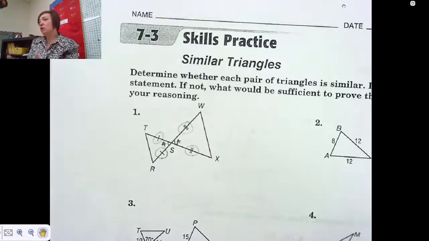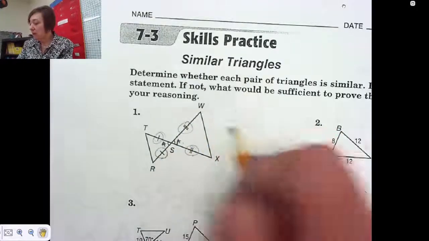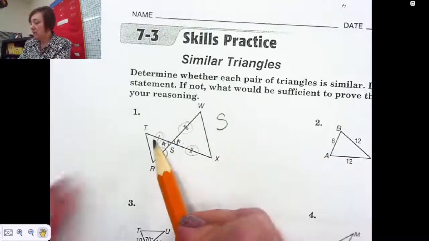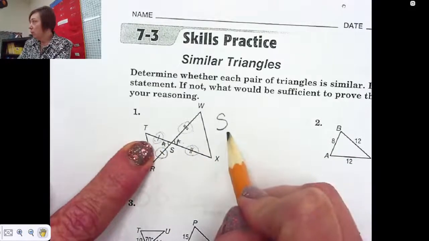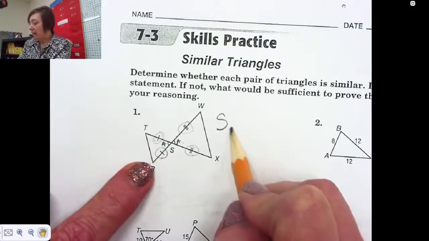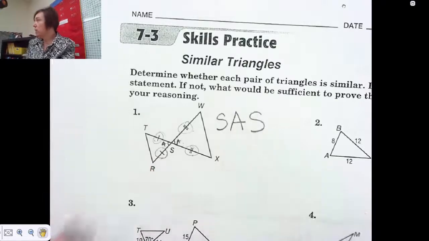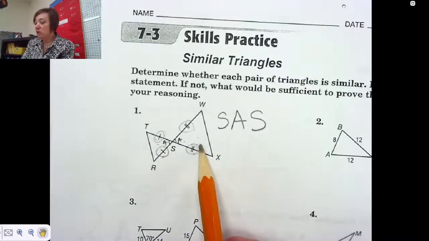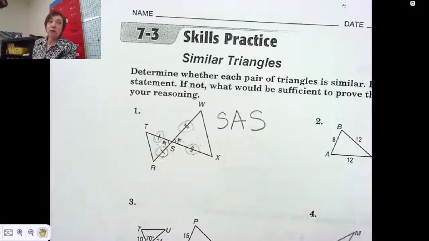So if those ratios are the same, that means it's proportional. So we know, based on this, that a side is proportional, an angle is congruent, and then a side is proportional. Side, angle, side. Y'all see how that works? Does that make sense to everybody? So based on that information, we know these two triangles are similar.